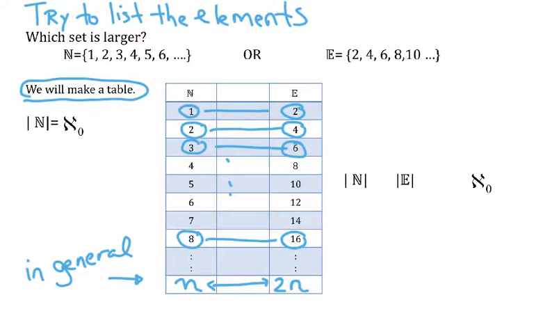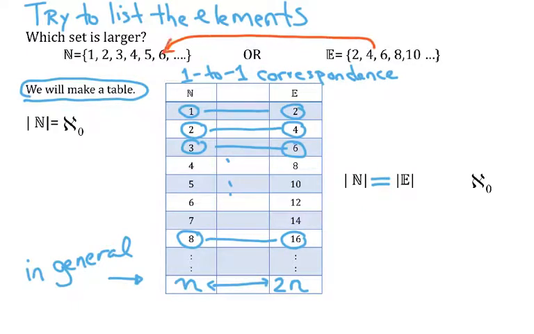Now, this is a one-to-one correspondence between these two sets. So I know the cardinality of the natural numbers equals the cardinality of the even numbers. These are the same size, which is kind of shocking, I hope. It's really very interesting.